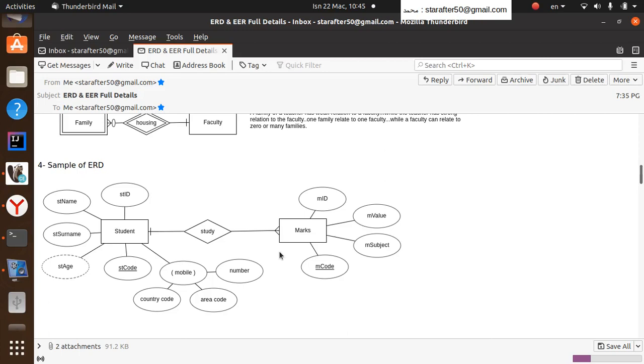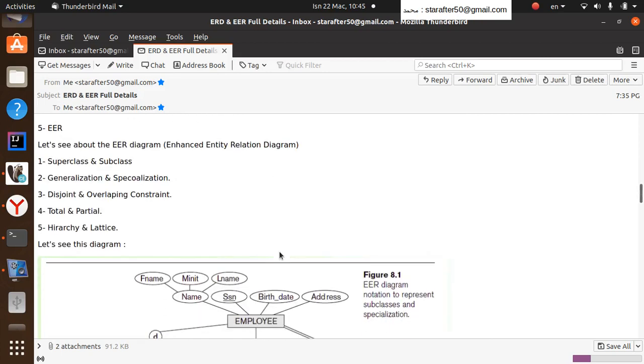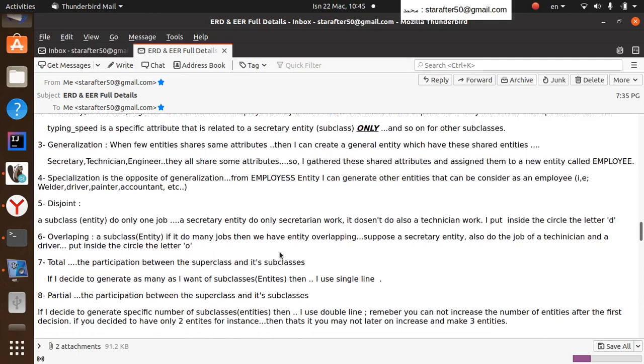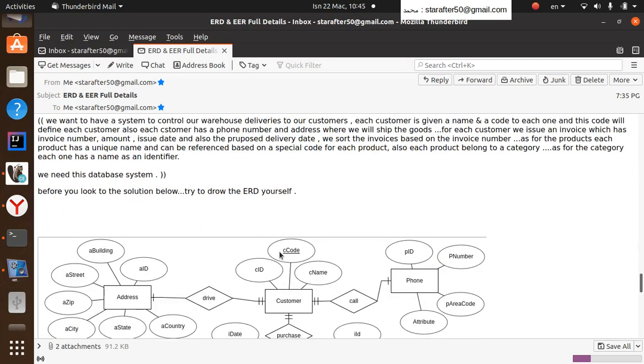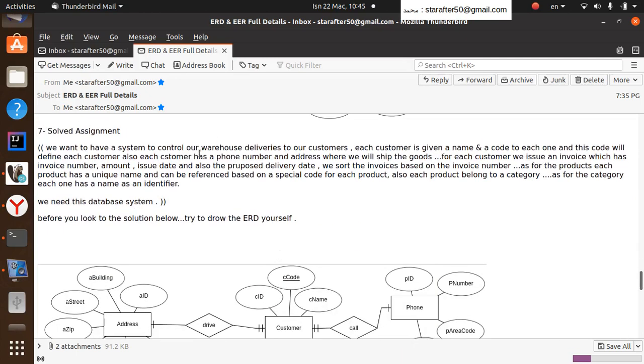Whatever database, no matter how big it is, will use these three components, and from them you can build any database. And as we have said, it all started with a simple talk between you and the customer who wants to build a database.